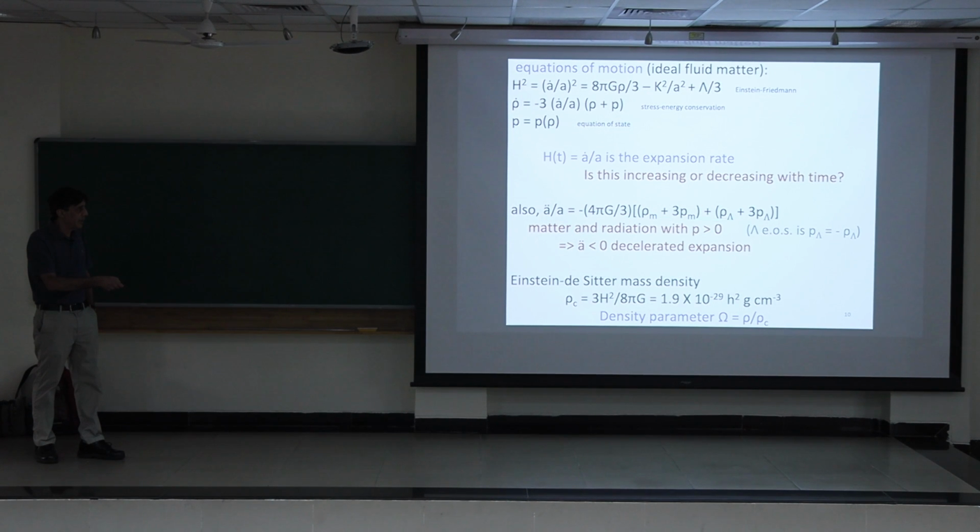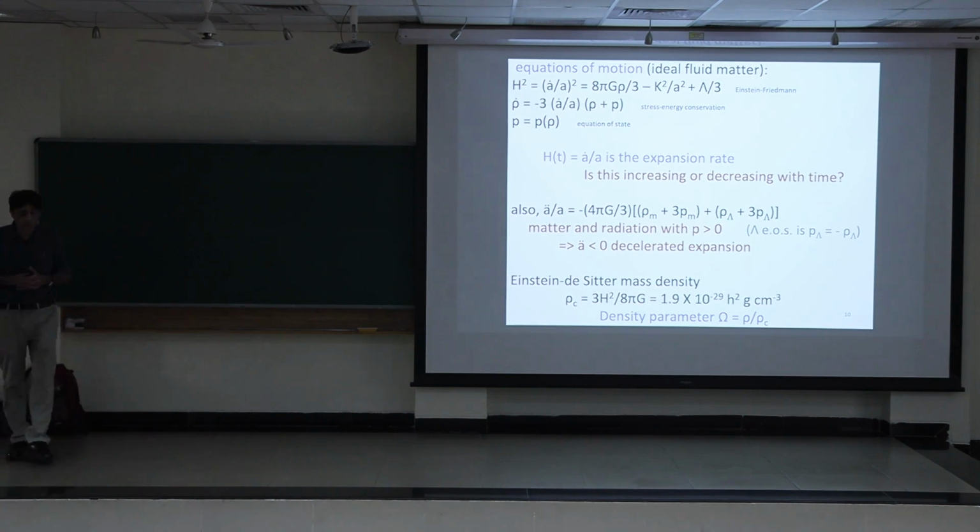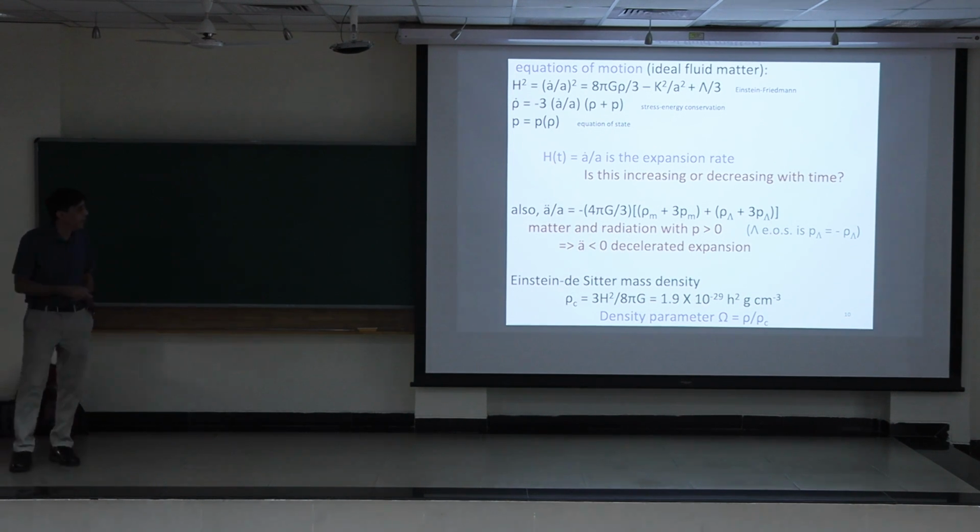You can either discard this equation and say Einstein was wrong, or if you want to be more conservative and say general theory of relativity works for black holes, and it works for gravity waves, and it works for binary pulsars, and so we don't want to throw this equation away, but we want to introduce an extra substance in here, which we're going to call a cosmological constant, and we're going to give it an equation of state of this form, P equal to minus rho.